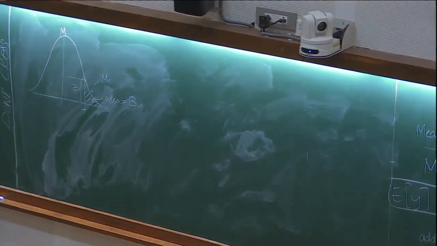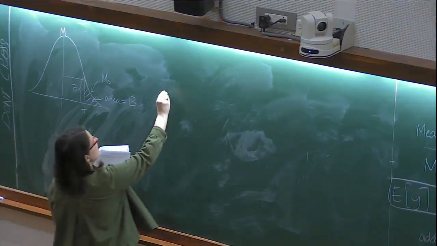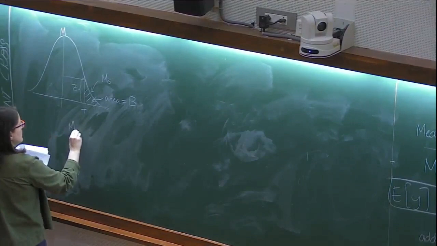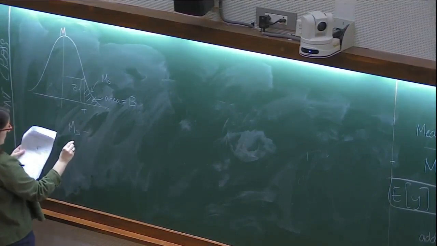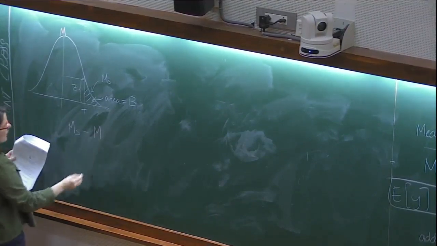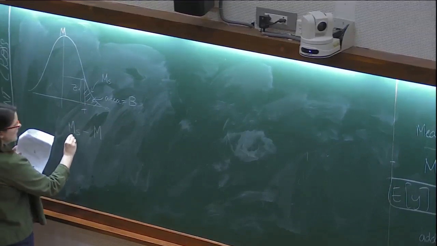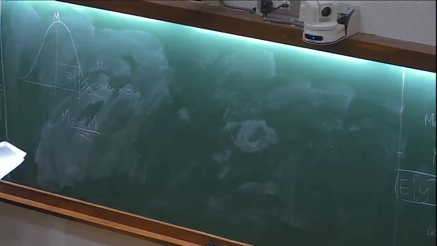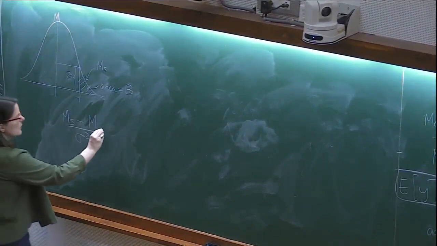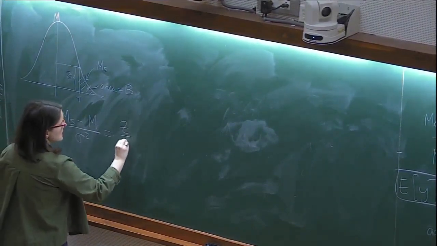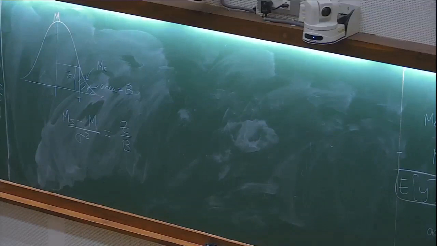And one thing we can do is say, what is the difference between the selected individuals and the overall individuals in terms of the variance of that distribution. And for a normal, that's just z over b.